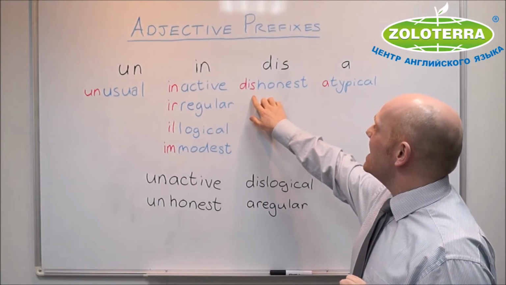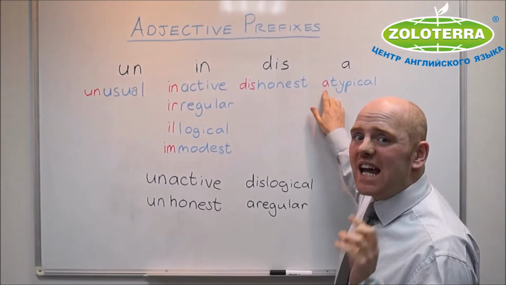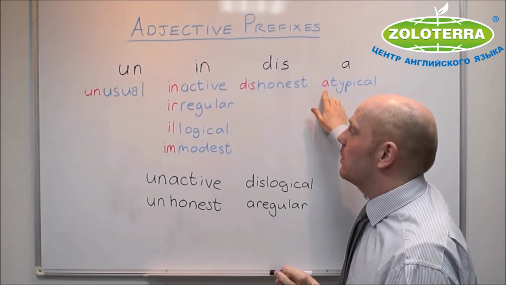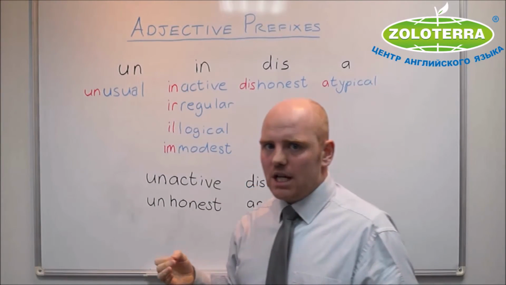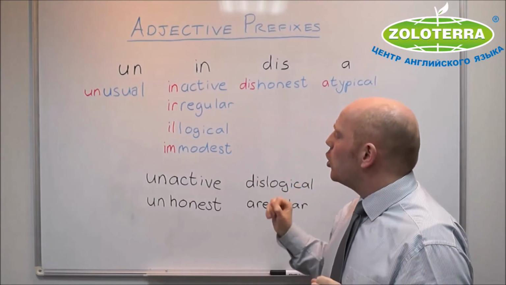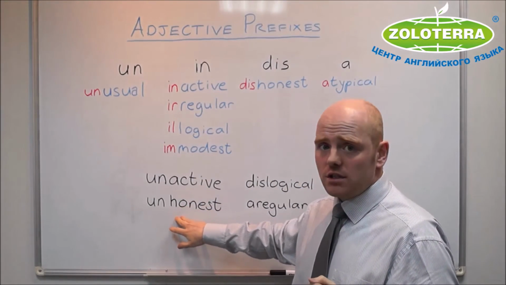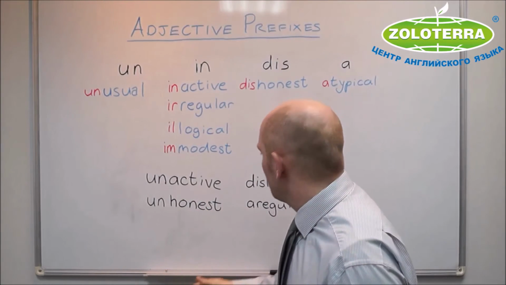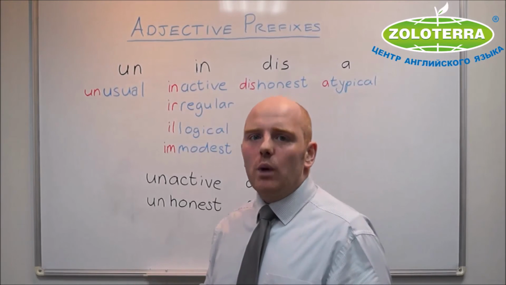We also have dis, and we also have a. Remember, this is always pronounced with a long a sound. However, un is the most common, and if you don't know, always use un, because unactive and unhonest, you will be understood. Dislogical, inregular, you probably won't.